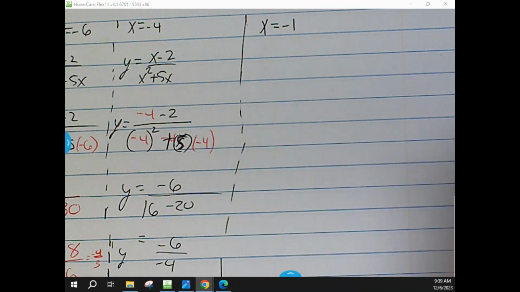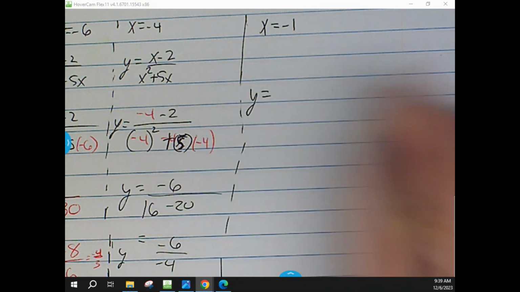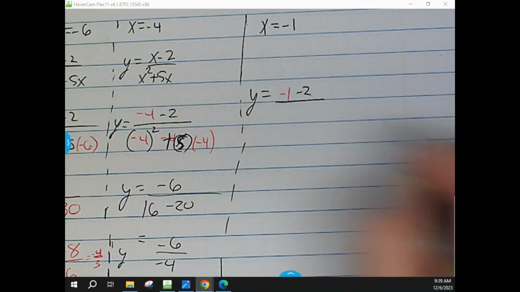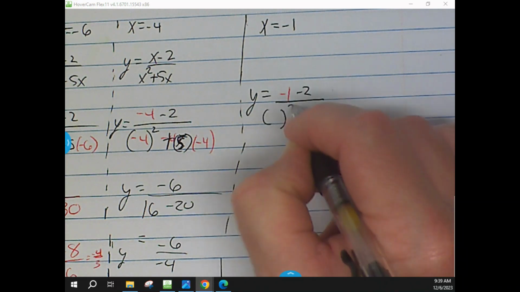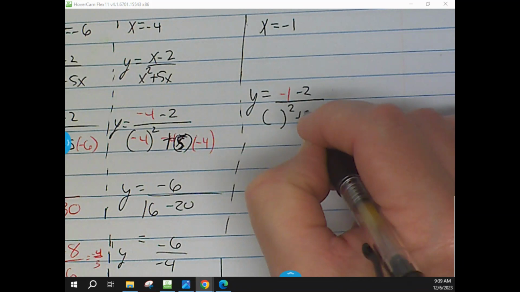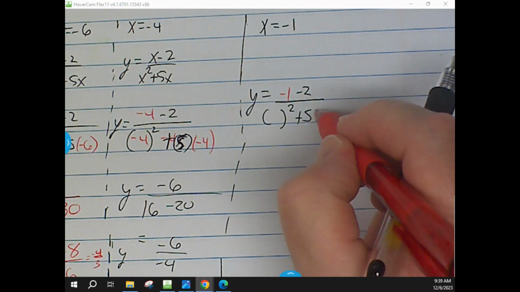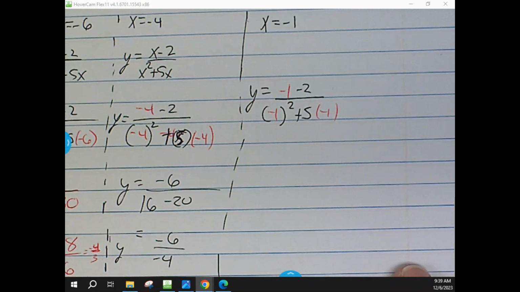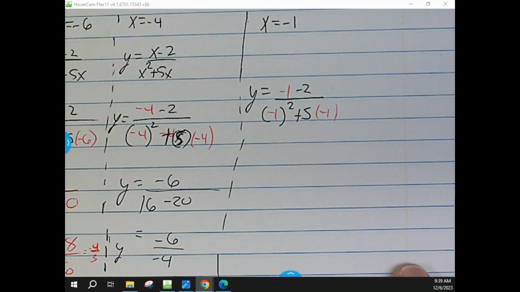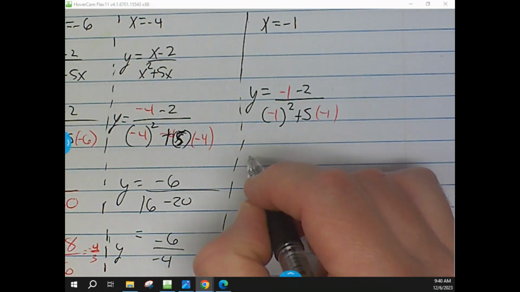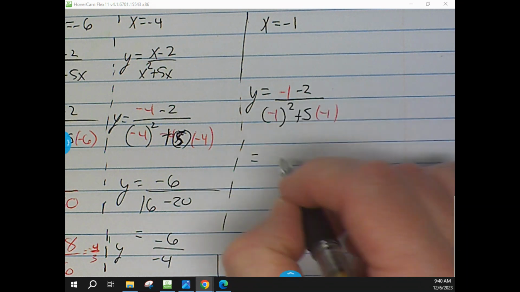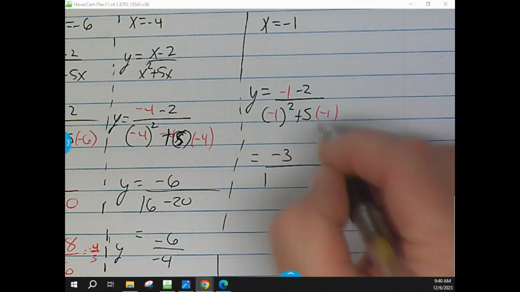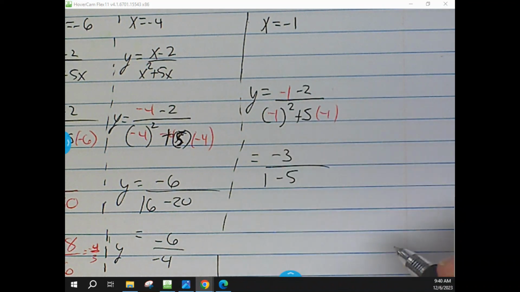Okay, so if we plug that in, we've got -1 minus 2 over -1 squared plus 5 times -1. So -1 minus 2 is -3. -1 squared is 1. 5 times -1 is -5.